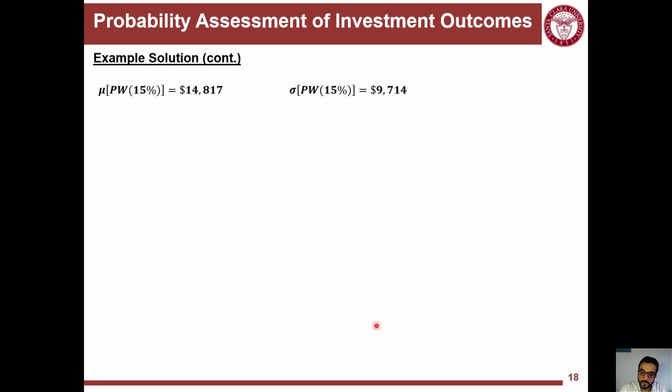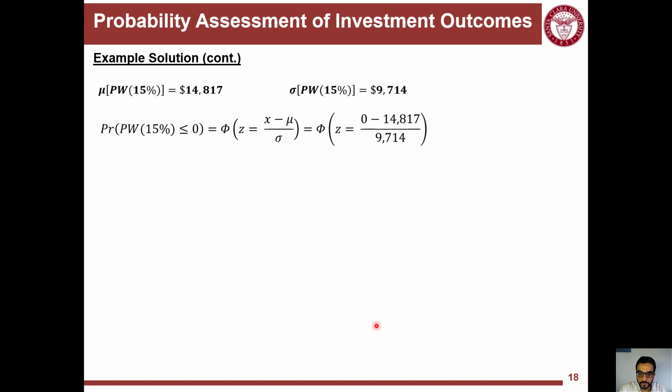What we did in part B is we figured out the mean and the standard deviation of the present worth probability for the whole project. Now we will frame our part C problem as: what's the probability that the present worth under 15% interest, or time value of money, would be equal to or less than 0? That's what the problem asks for.